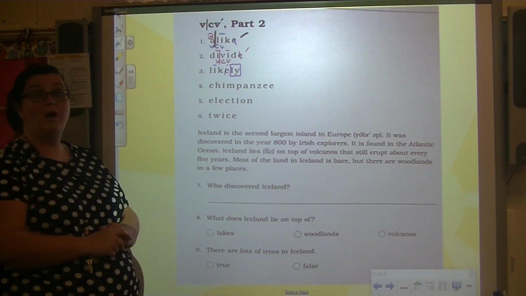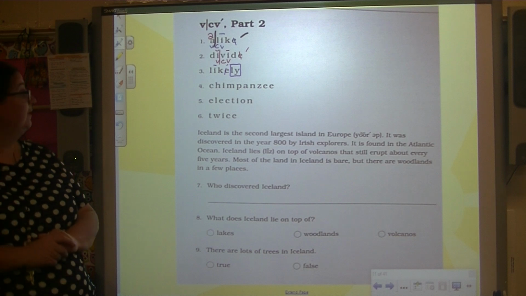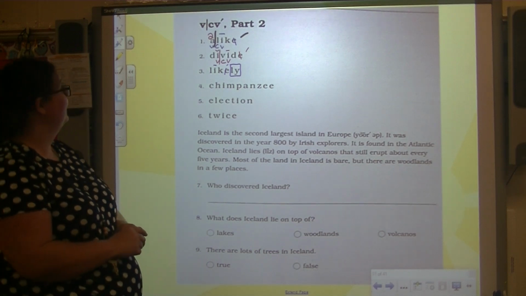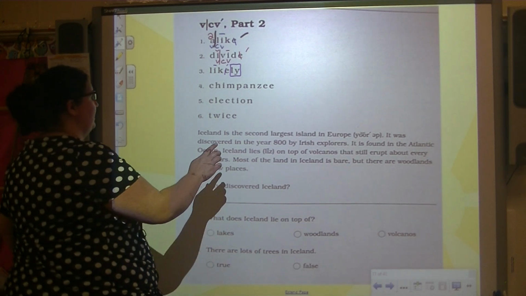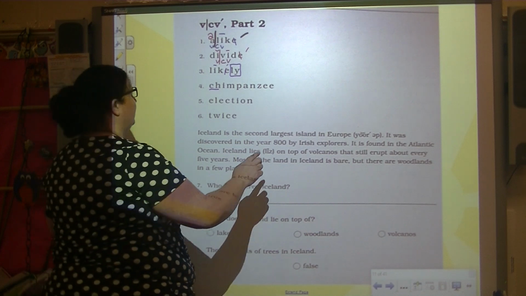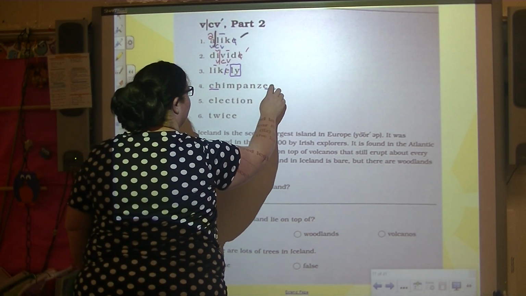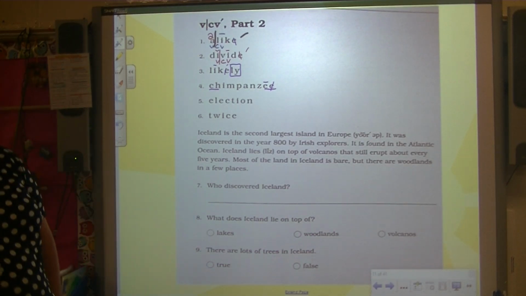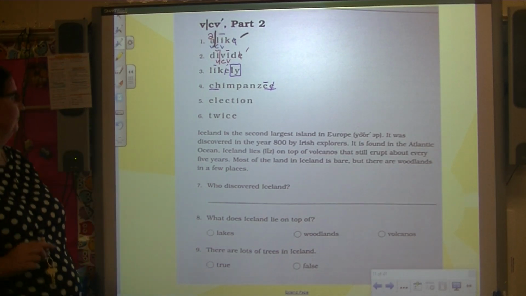All right, number 4. Wow, what a big word. What kind of coding do you see we can do? We see CH. What else do you see? EE. Now, let's look for the vowels in this word.